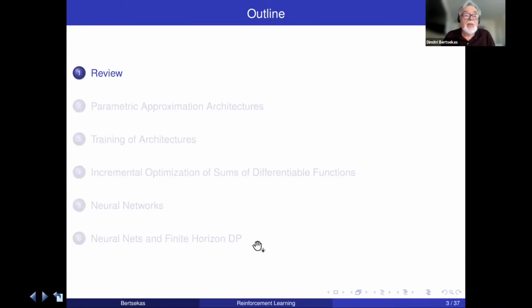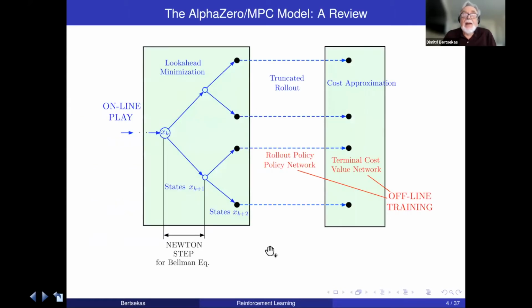So, some review. Let's look at the AlphaZero MPC, model predictive control model, that has been our guide for the development of theory and algorithms so far. Remember that we made a distinction between online play algorithms and offline training algorithms. Now, the online play algorithm is what you see here in blue.